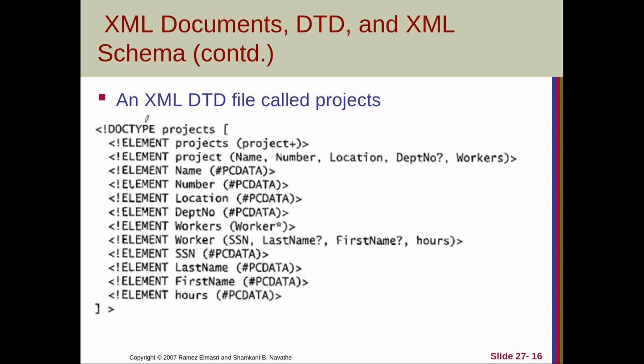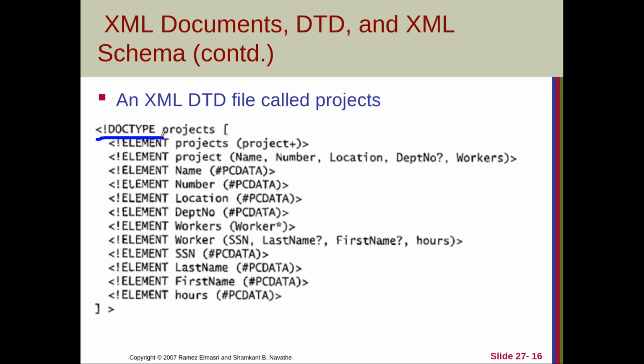First of all, it is written in a separate file, and this DTD must be brought into the XML document where we want to add these features, so that the XML document can be converted into a valid XML document. All DTDs start with left angle bracket, exclamation, DOCTYPE.